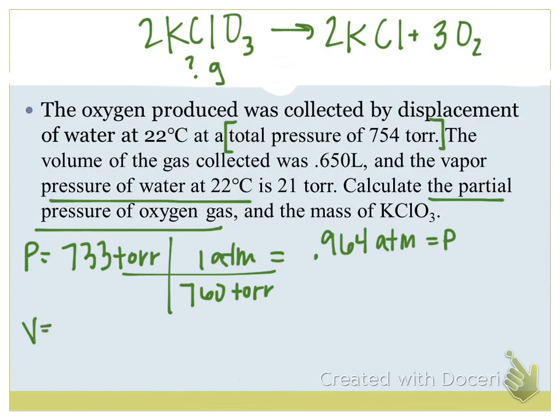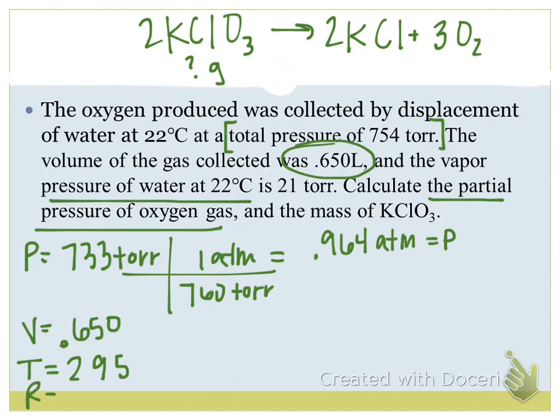The volume of my oxygen gas collected was 0.650. The temperature of my system is not 22, but it needs to be 290.95. I took 22 plus 273 to get it from Celsius to Kelvin.